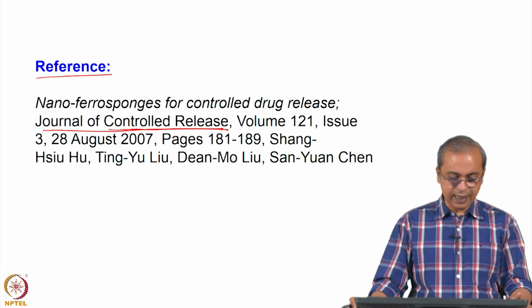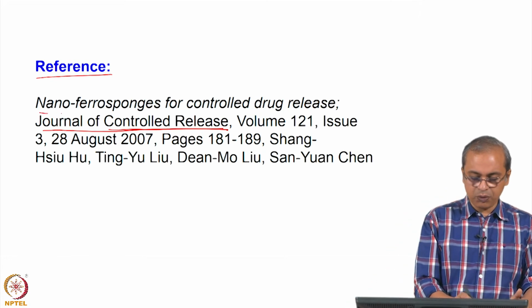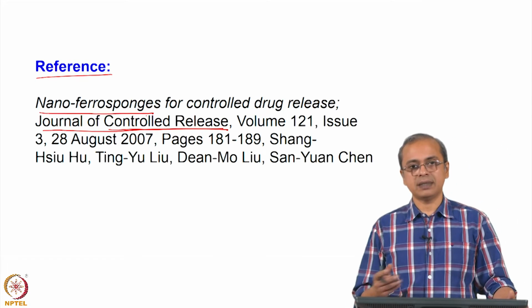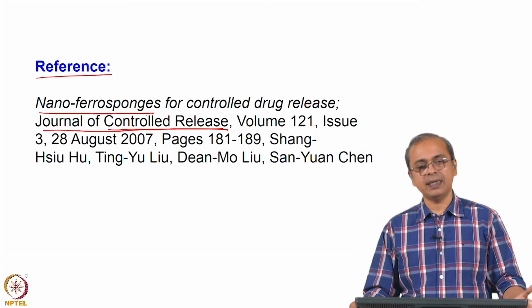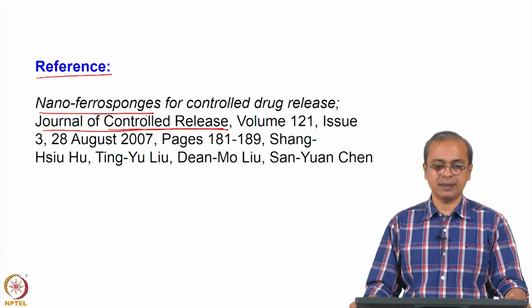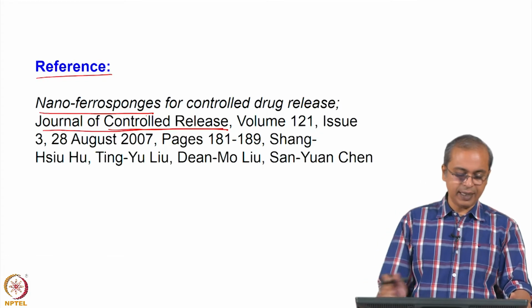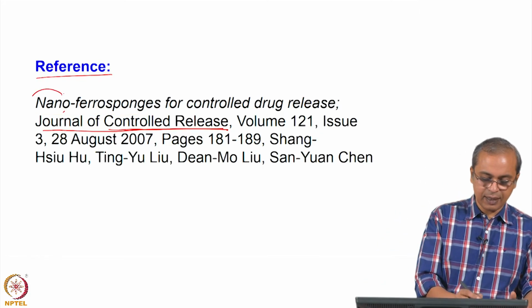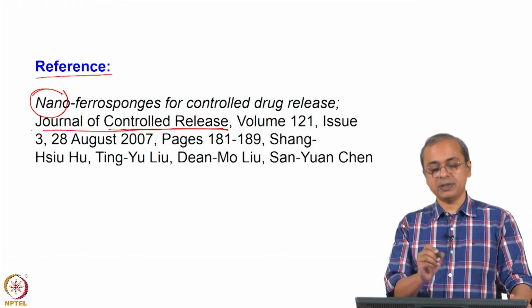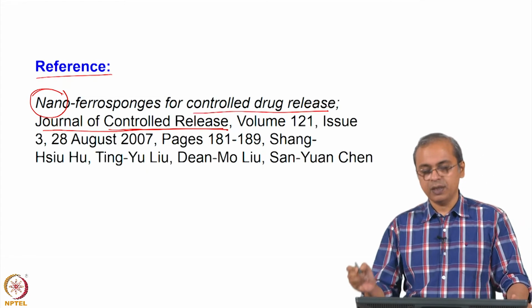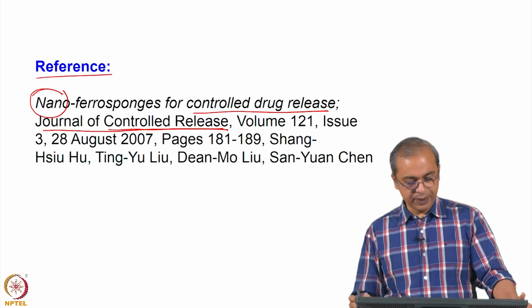And there is this article on something called a nanoferro sponge, where they have used some kind of spongy material in which they have incorporated nanoscaled magnetic material, and that enables them to do controlled release. So, you can take a look at this paper.